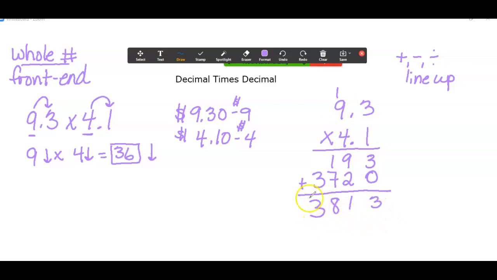3,813. But look at this over here. We said that our answer has to be close to 36. So is that a reasonable answer? Absolutely not. Okay, so if I wasn't counting over and I looked at this 36 and 38 or 3,813, isn't 38 close to 36?